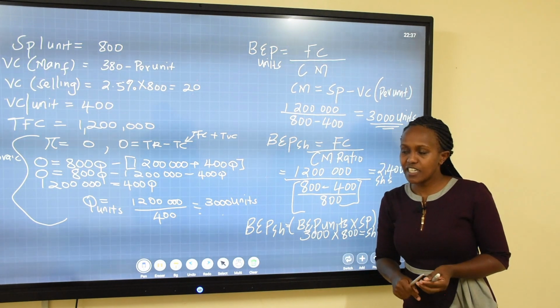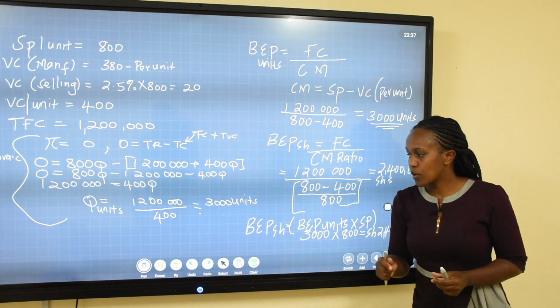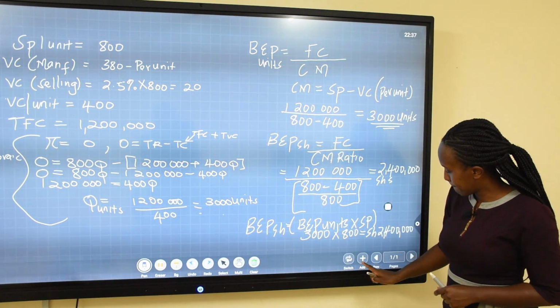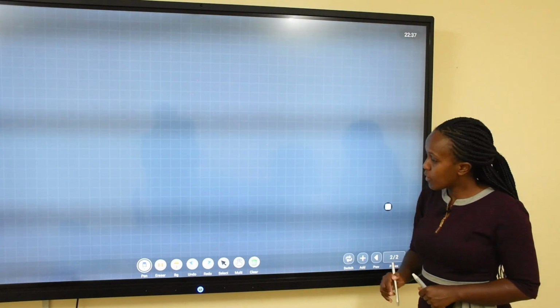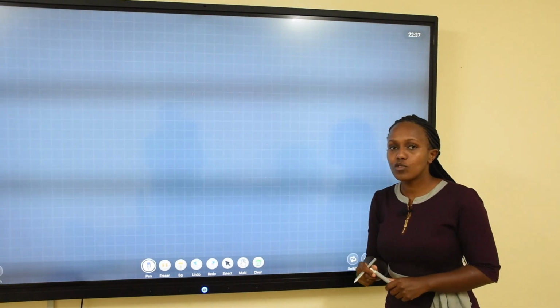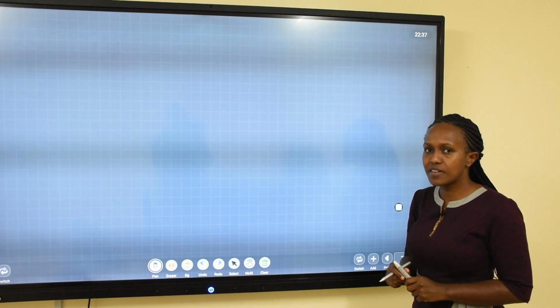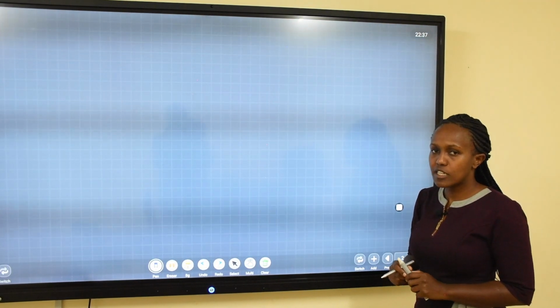But our question does not end there. We also asked in our question the number of units that can be sold to earn a target profit of 500,000 before tax.